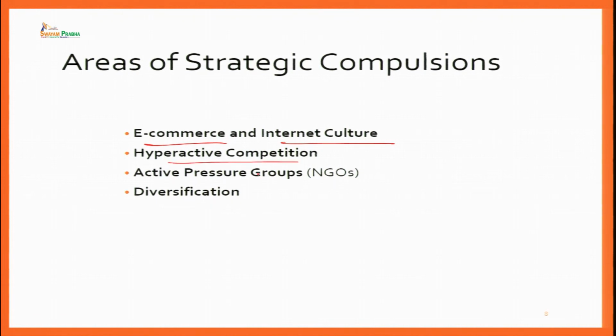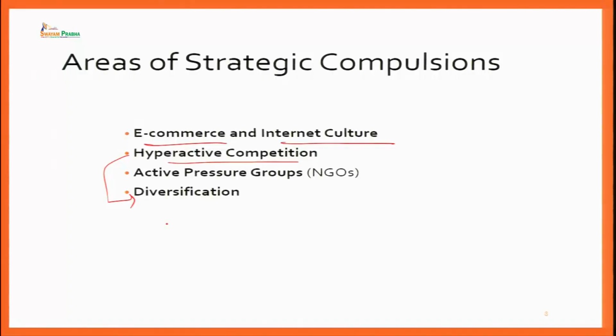Hyperactive competition is there because people can access your strategies and you can also access other strategies. So it becomes a cutthroat competition or a red ocean kind of situation for a company to survive and fit. So you have to work on some diversification of your product to overcome this problem of hyperactive competition.